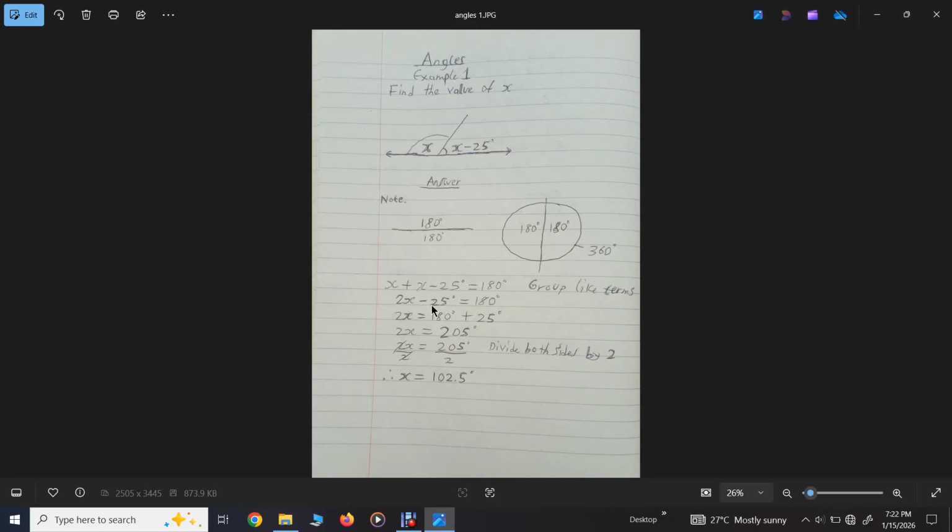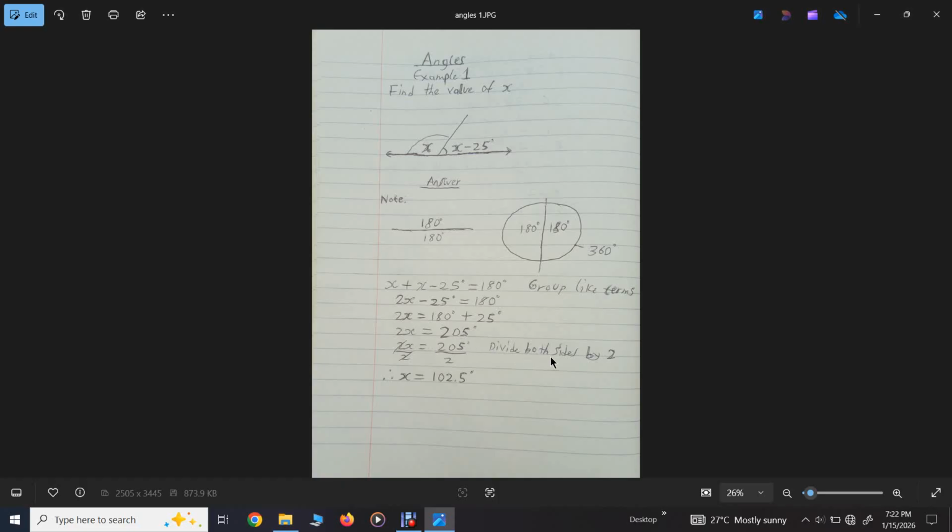So therefore, this minus 25 degrees crosses the equal sign, so when it crosses the equal sign, it becomes positive. So therefore, we get 2x is equal to 180 degrees plus 25 degrees, which is equal to 205 degrees.